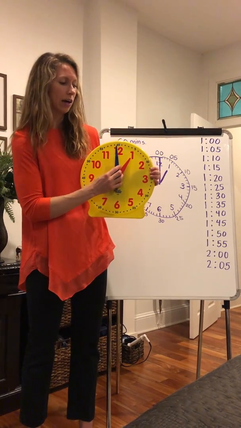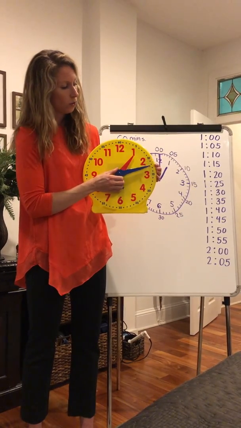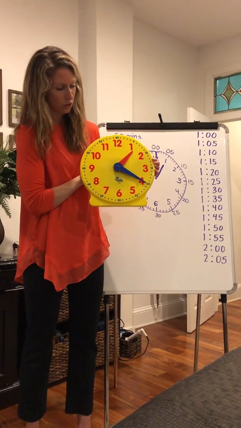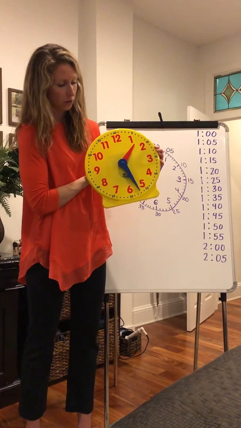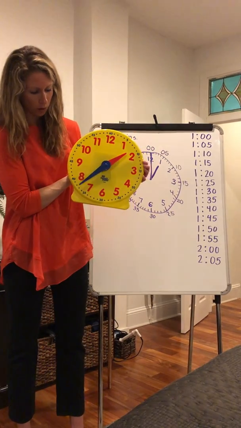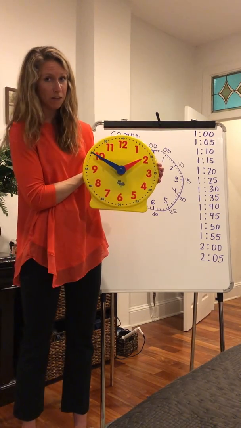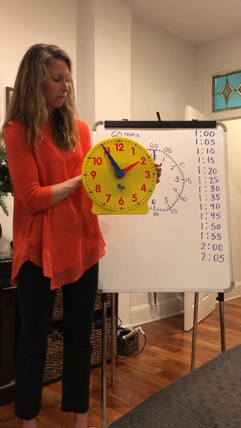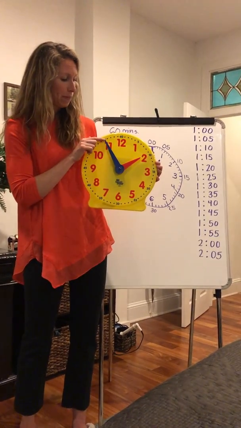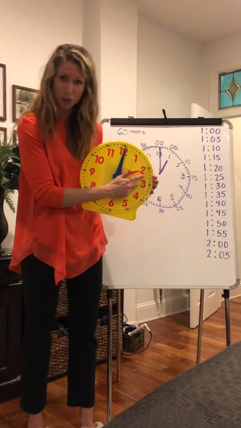So we have 1 o'clock, 1:05, 1:10, 1:15, 1:20, 1:25, 1:30, 1:35, 1:40, 1:45, 1:50, 1:55, and notice my hour hand is so close to the 2 o'clock hour because what's going to happen once our minute hand travels back up to the top, it's now the next hour, 2 o'clock.